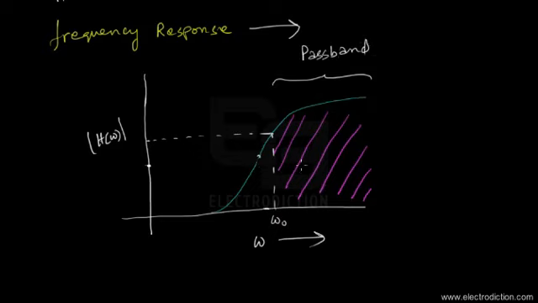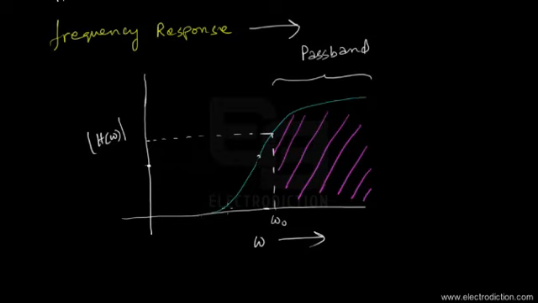Right. On the other hand, those frequency components below that of omega 0, that's the lower cutoff frequency, are not amplified by the maximum amount of gain by the filter, and they're suppressed.